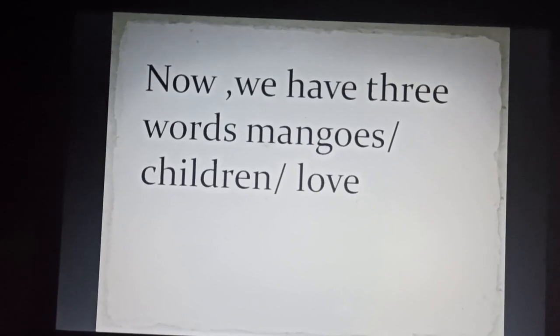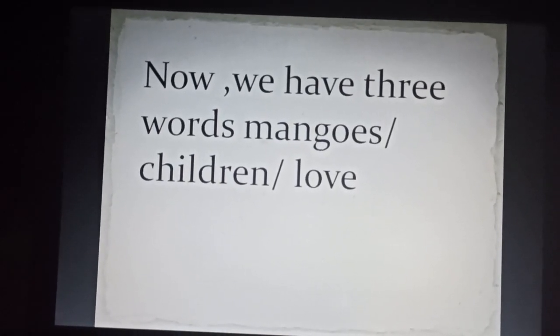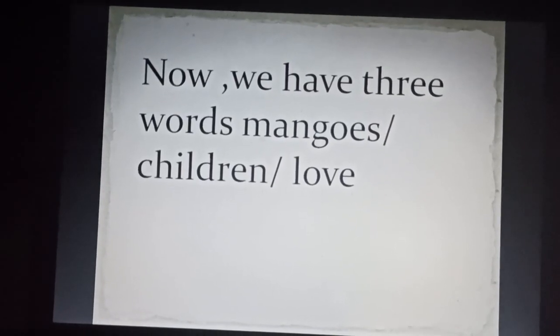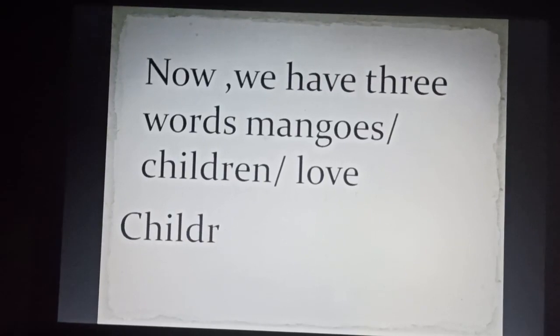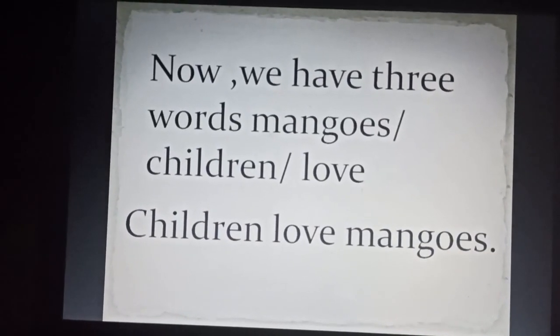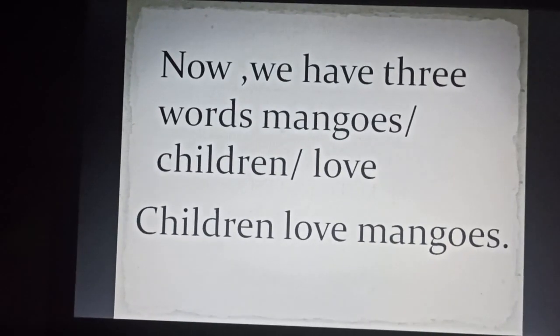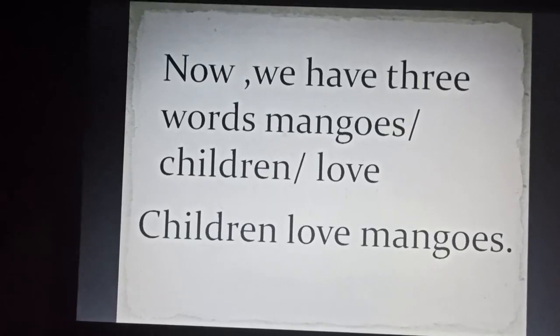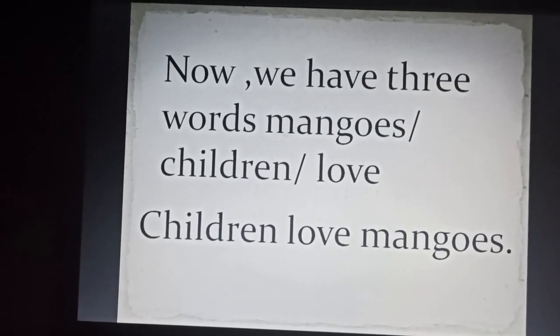When we arrange the words in a systematic order and they make sense, that is called a sentence. So I arrange these words: children love mangoes. Children love mangoes. So this is a sentence. In this way, you have to arrange the words in a sentence.